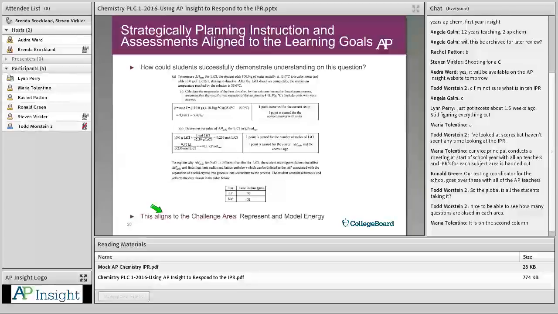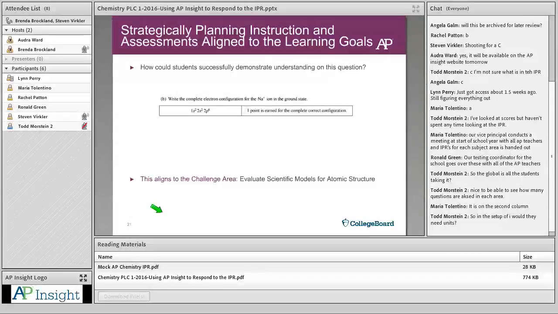So I could pull that up and take another look and be able to look at those activities for the students. And again, remember those challenge areas are going to be on performance tasks as well. So that might be a great way of just double checking.